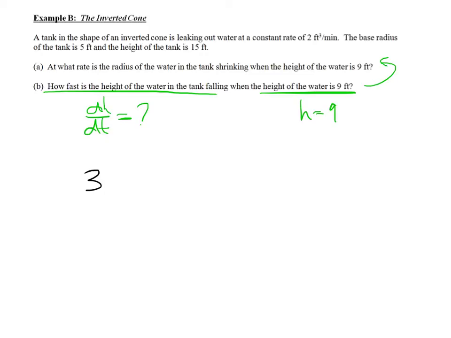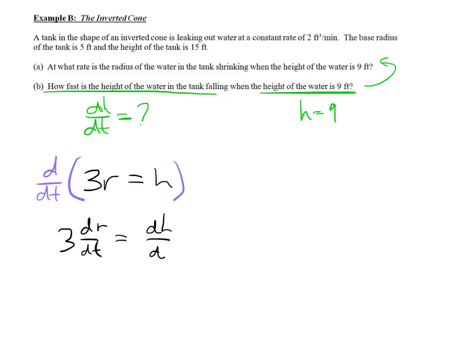It went 3r is equal to h. Again, this was useful for many, many reasons, but now this is the best part. To find the rate at which the height is changing simply means to take the derivative here, and that would give us 3 dr/dt equals dh/dt. So 3 times dr/dt is going to be equal to dh/dt.